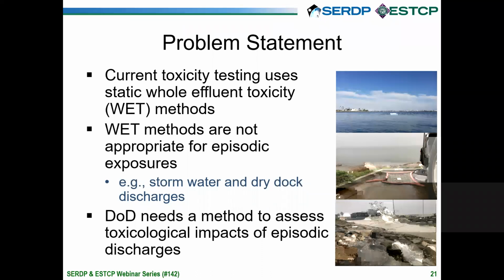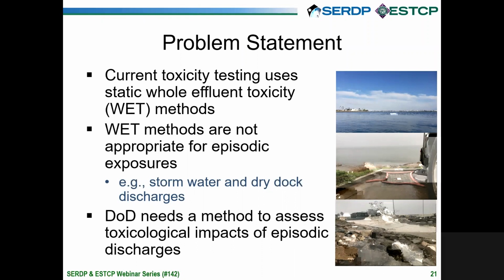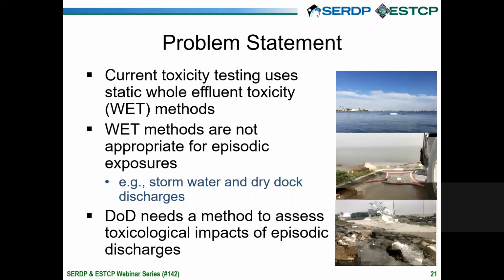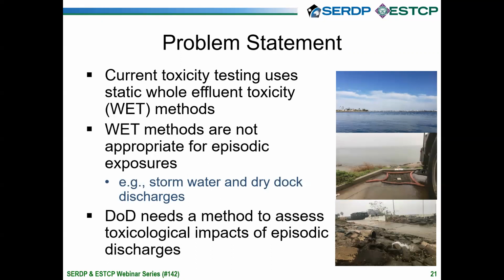And the middle and bottom pictures are an outfall where stormwater sampling took place less than 24 hours later. The typical monitoring requirements for stormwater would require sampling of these discharges at the onset of the event. And then those samples are taken back to the lab for chemistry and toxicity evaluations, with exposures lasting up to 96 hours of continuous exposure or 7 days, just depending on the species and test endpoint.